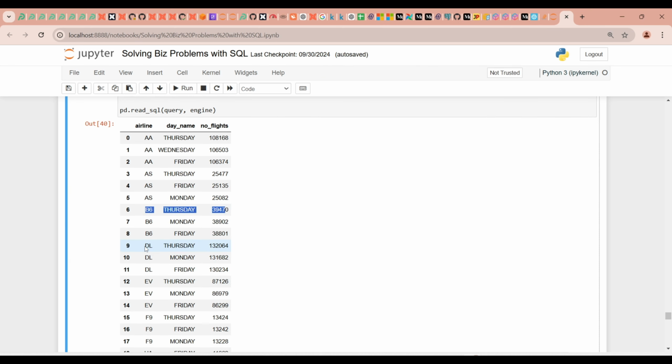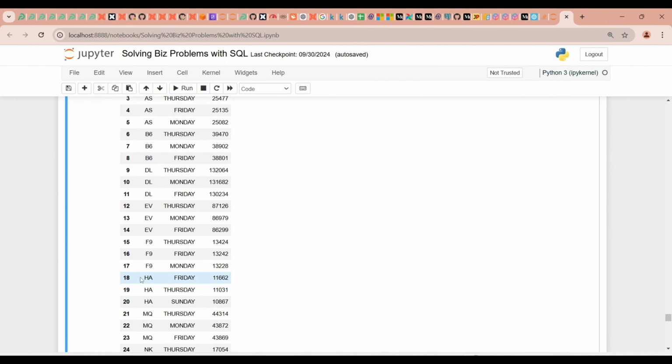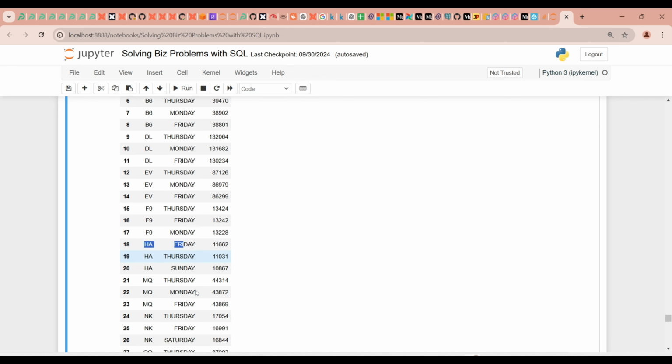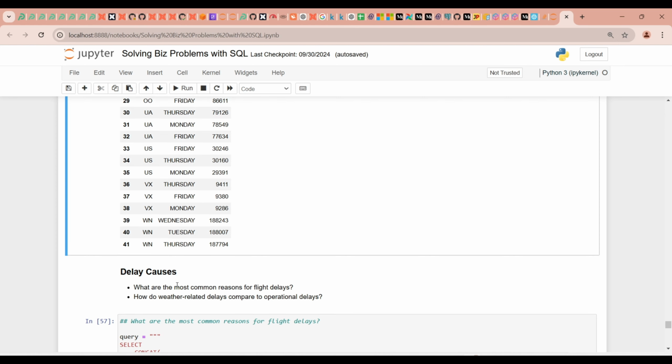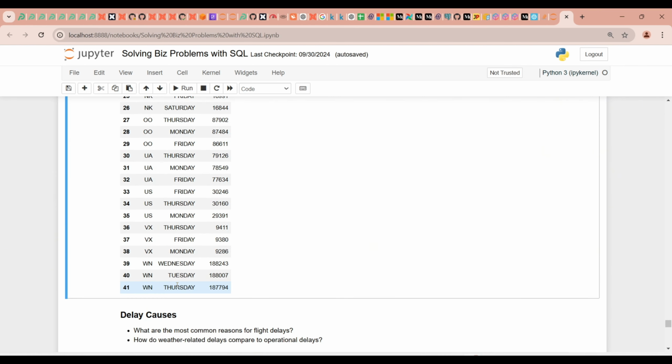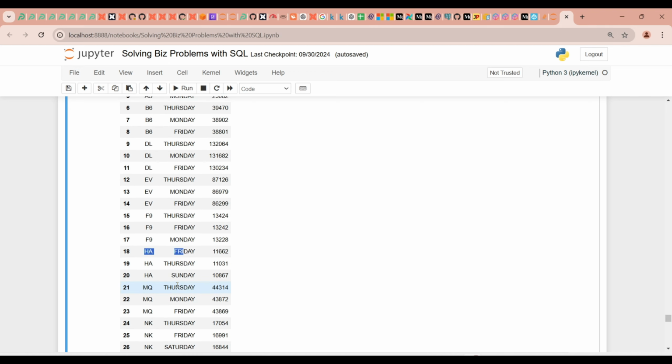Look at another airline, Thursday, topping the chart. So you can see Thursday, very common. Only this one has Friday, but it's also followed by Thursday. So you can then conclude that Thursday is the peak period for airlines.